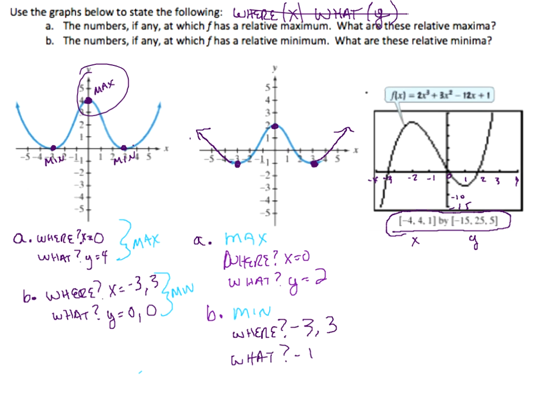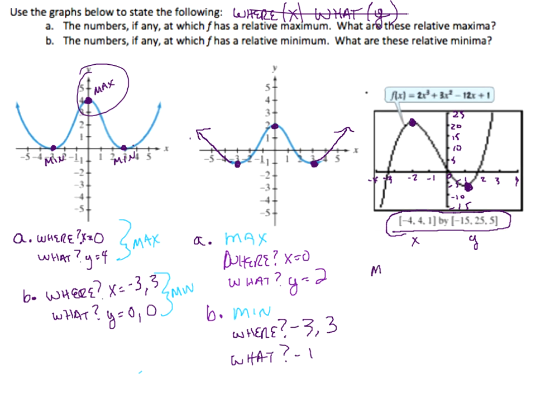Now in the y direction, it counts from -15 to 25, counting by 5. -15, -10, -5, 0, 5, 10, 15, 20, 25. So you've got to make sure that you can read those viewing windows.